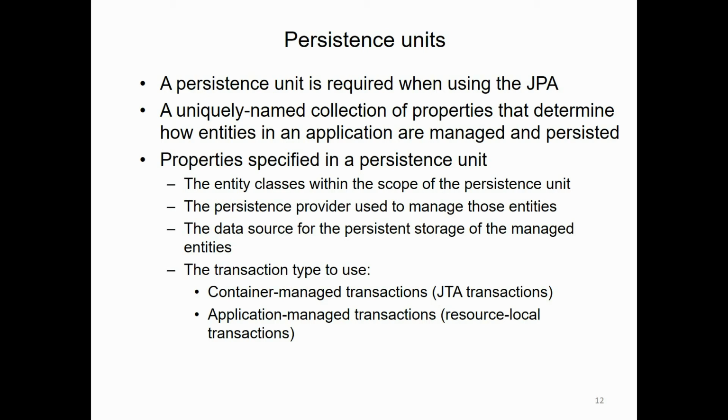And so we'll identify within the persistence unit properties which of those tables and the associated entities we're going to manage with this unit. For those entity classes, we've got to identify the persistent storage for the managed entities. In other words, we're saying that these entities are going to be linked to those tables in that database, and then the persistence unit will ensure that that management takes place.